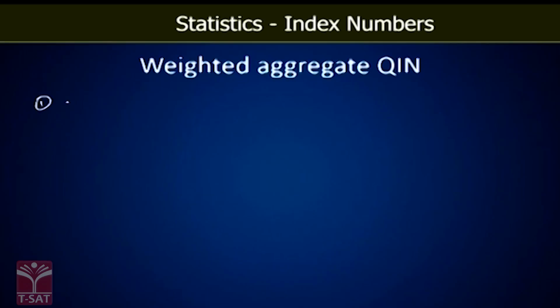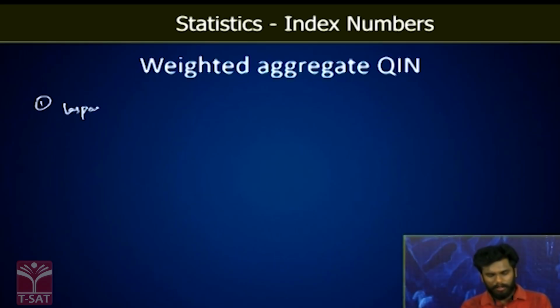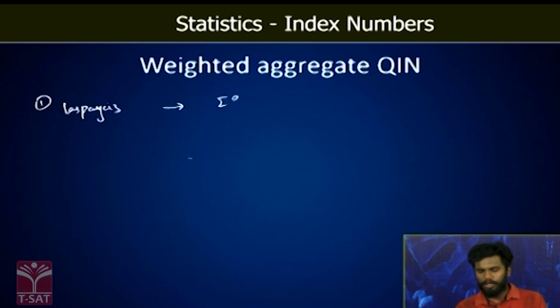First one, the same, Laspeyres, and it is given by summation Q1 into P0 divided by summation Q0 into P0 into 100.